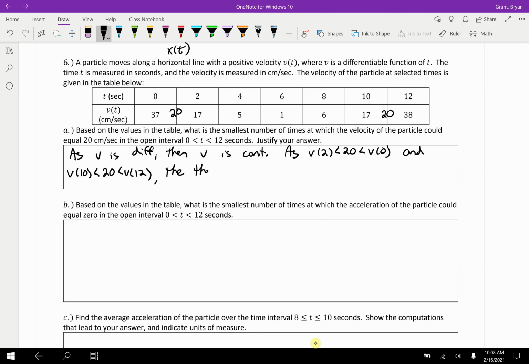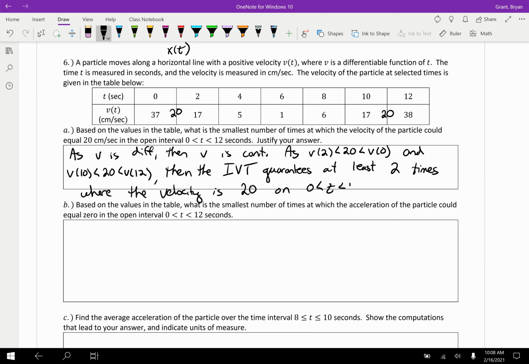Then the IVT, this is the intermediate value theorem. 20 is in between or intermediate to 37 and 17. Guarantees at least 2 times where the velocity is 20 on 0 less than t less than 12 seconds.